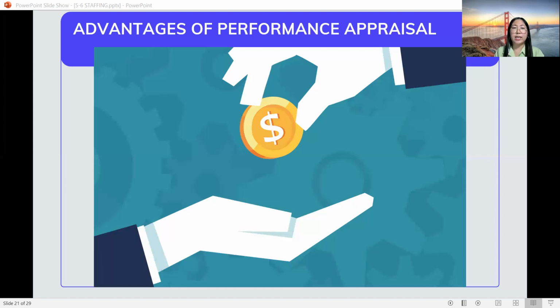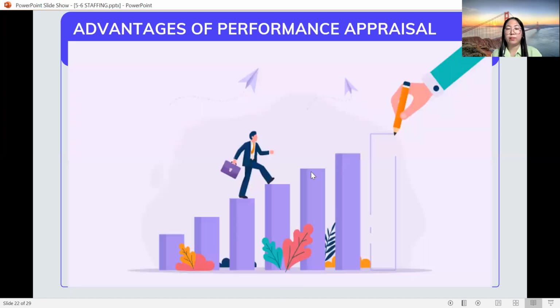And next one is this one. Yeah. As you can see, you are walking through your goals and objectives, di ba? And this is the employees development, as you can see.